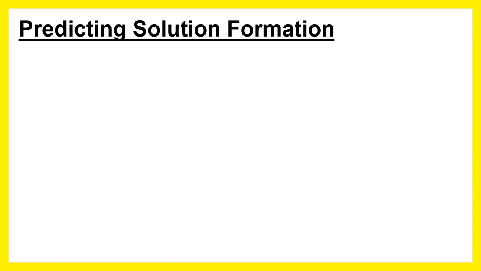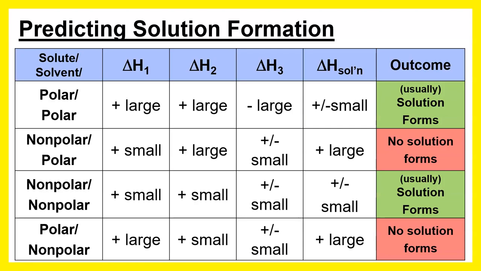So we have a very similar feel of a chart. So you can see here that we have our solute and our solvent. So in our first example, they're both polar. Because they're polar, there's a large amount of energy required to separate the solute from itself and from the solvent from itself. But you also tend to get a large exothermic release when they mix.